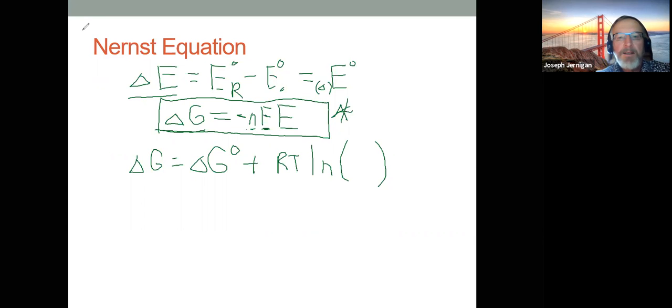Since delta G here equates to delta G0 plus that term, it means we're not necessarily at equilibrium here.